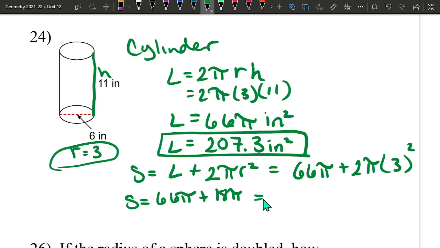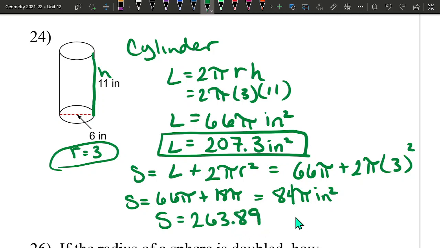So that is 84 pi inches squared. Or as a decimal, the total surface area is 263.89 inches squared.